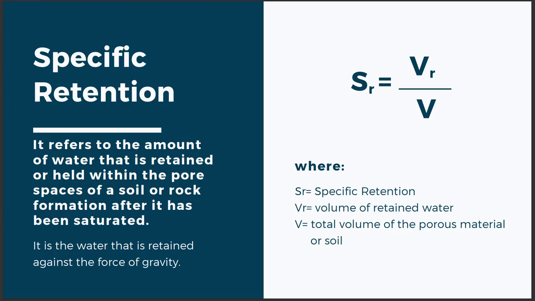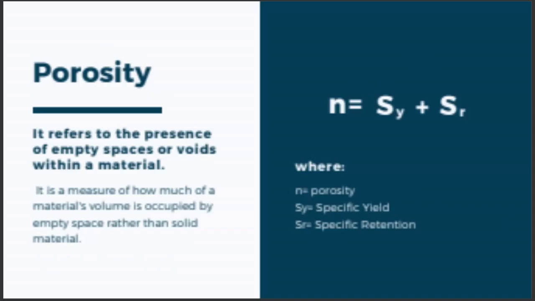So regardless, no, after the water has been drained down by gravity, so yung natitirang tubig doon sa pore spaces ng soil, tawag natin dyan specific retention. So that is simply volume of the retained water divided by the total volume of the porous material or soil, VR over V.